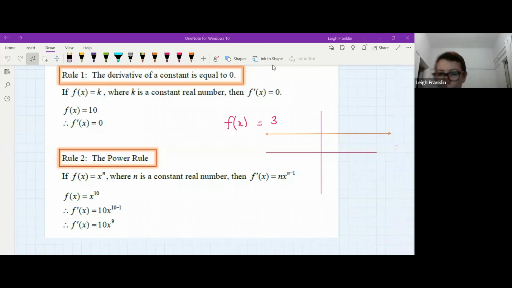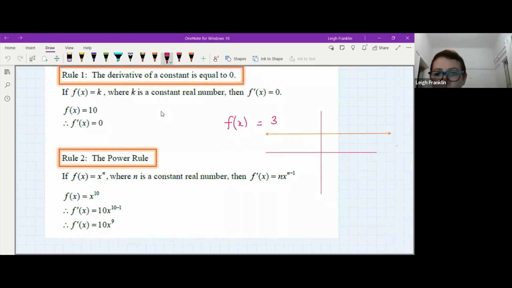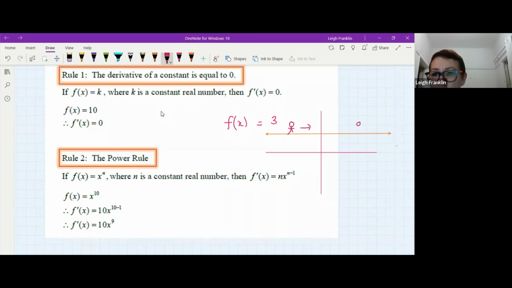Okay, so if we have f of x equals k, where k is a constant real number, what we are saying is that the derivative, the gradient at the point, is always going to be 0, okay? Because if I am standing over here and I walk in that direction to a point down there, I have not walked up.